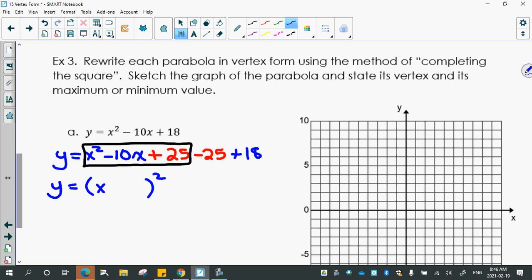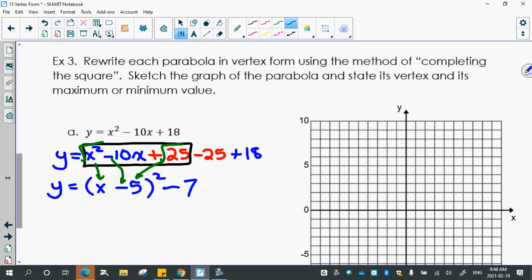X minus 5? Okay, you're right. So remember, the square root of x squared goes here, the sign from the middle term goes here, and the square root of 25 goes here. That's how a perfect square trinomial factors. And then negative 25 plus 18 turns out to be negative 7.